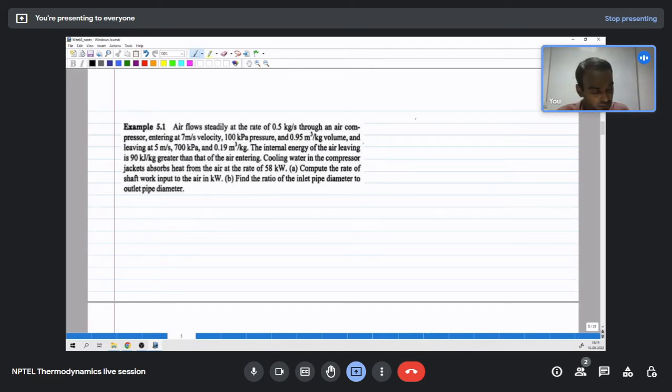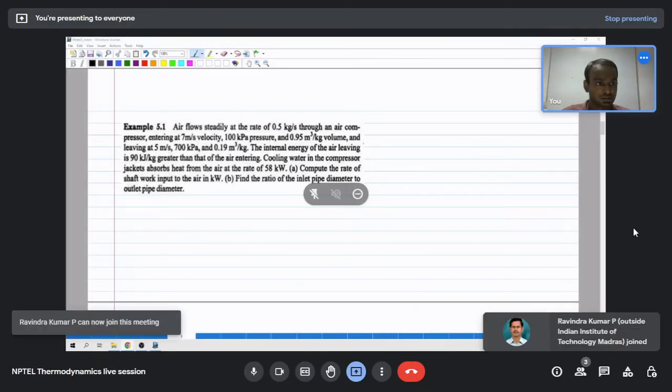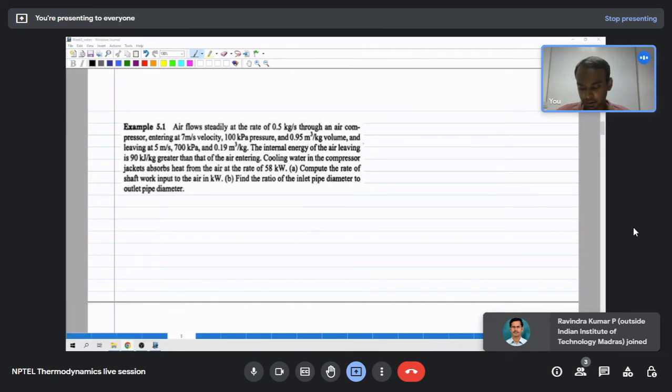I will just draw a schematic of this problem. This is a compressor. So I will repeat the problem.